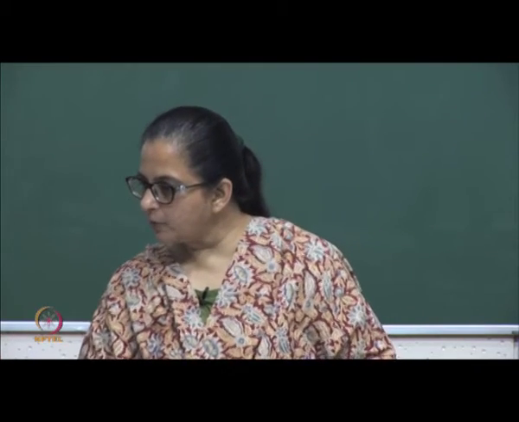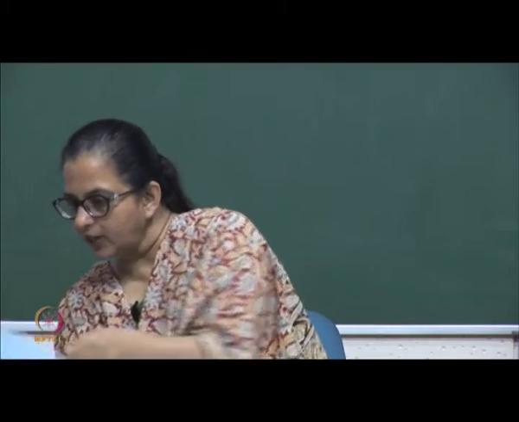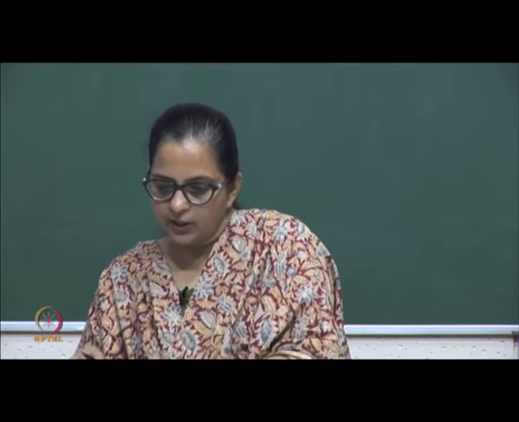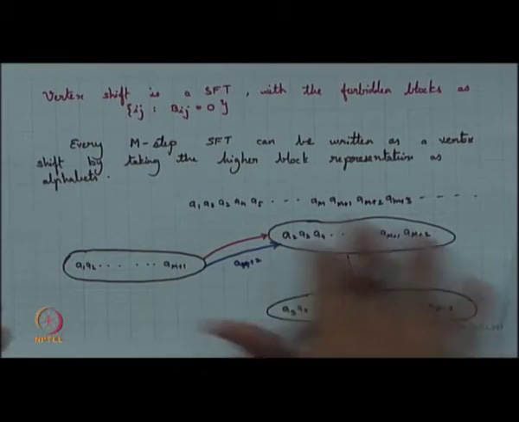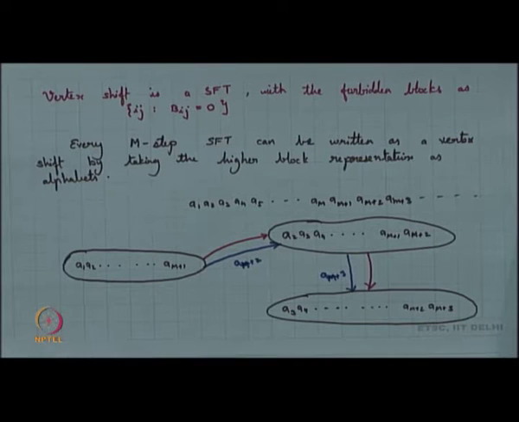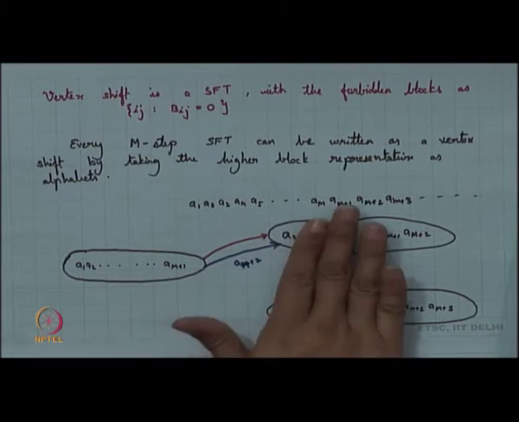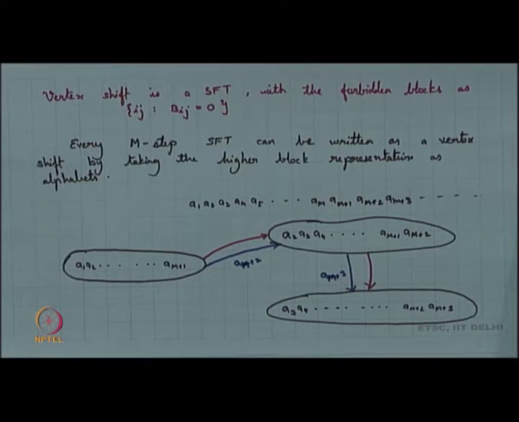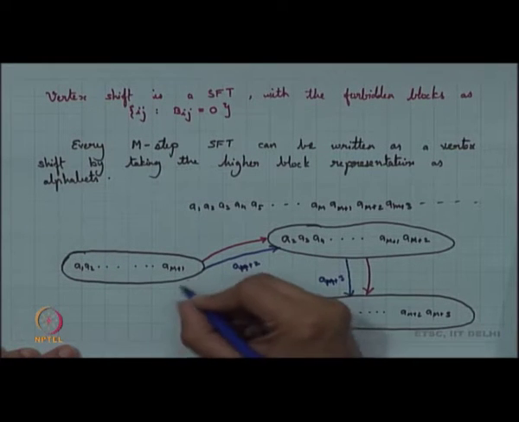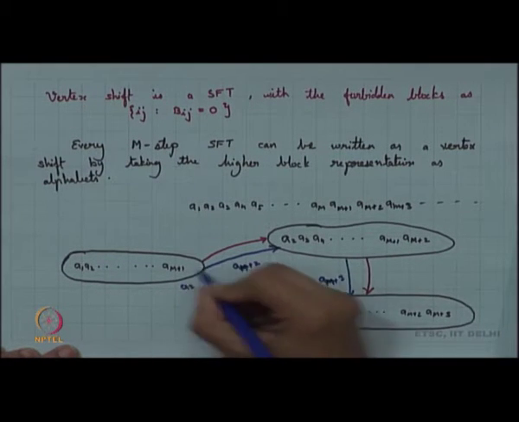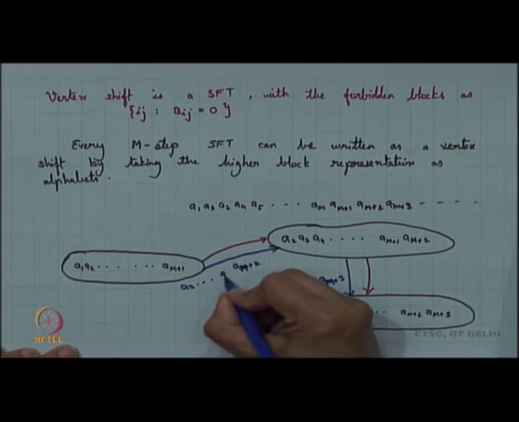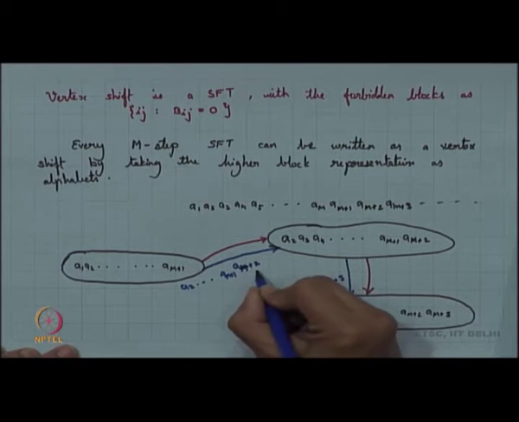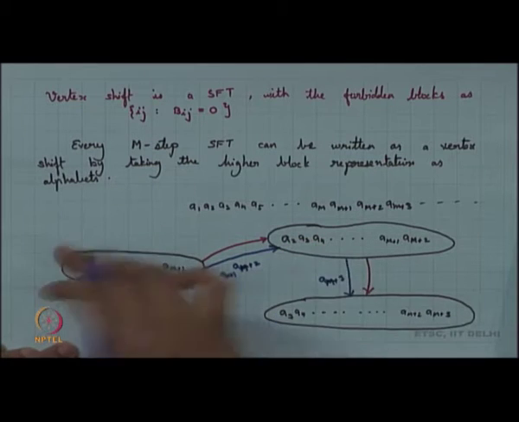Now, before we go on to something else, I would just like to correct something that I did here. What we have here are these vertices. In fact, when we are talking of edge shifts, we are not interested in how we label our vertices, we are only interested in the labeling of the edges. So, what we do here is call this A2, A_{m+1}, A_{m+2}, as we are going into the higher block version.